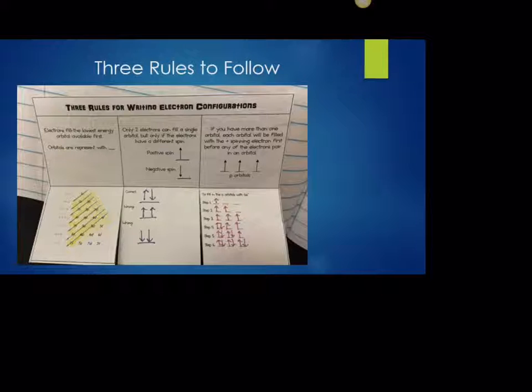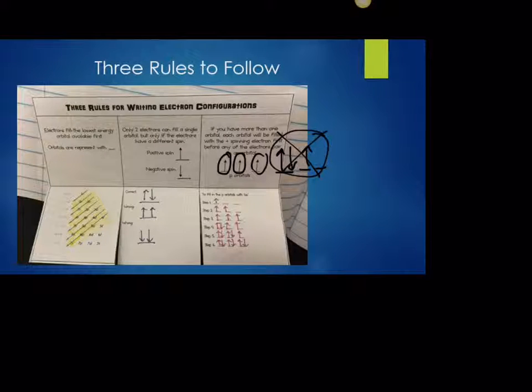So if you have more than one orbital, which will occur in p, d, and f orbitals, you will need to put a positive spinning electron on those lines up first. If you need all these three, you put them in up first before you start pairing down. So don't do this. You have 3 lines. Don't put those 3 like that, because that would be wrong.